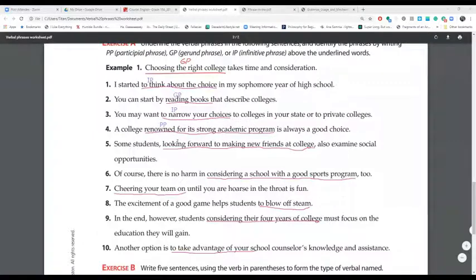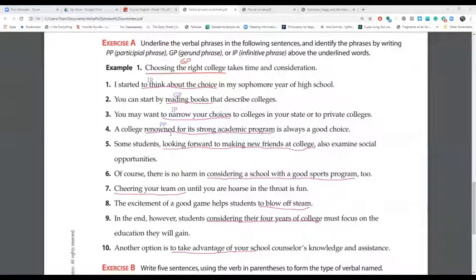The only time it gets confusing between a gerund and a participle is if it's a present participle, and the present participle and the gerund both end in ing. If it ends in ed, that's a pretty good way to notice if it's a participle phrase.